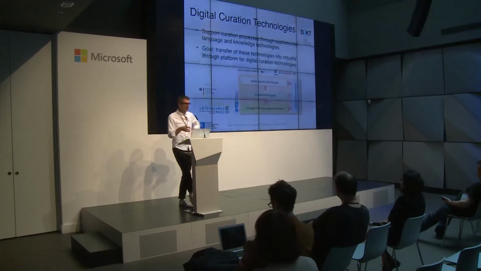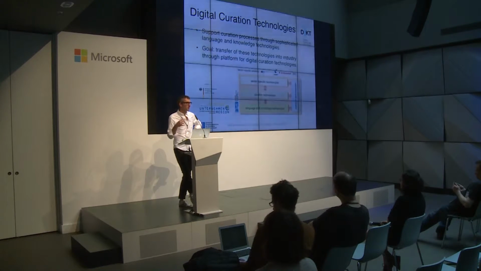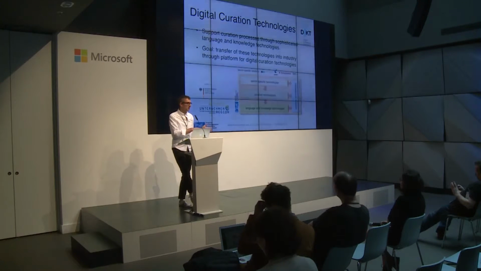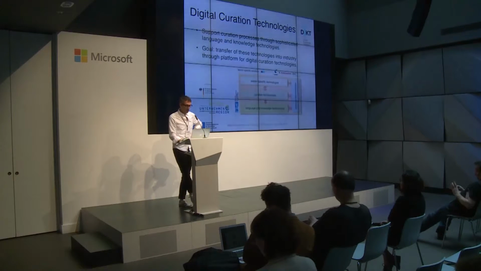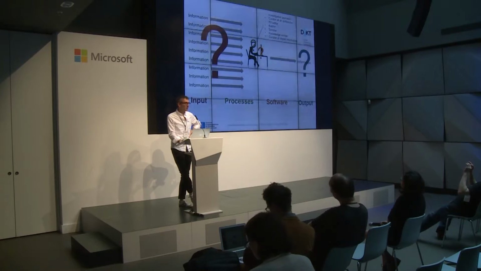And the idea is to make these digital curators or knowledge workers or journalists, authors more productive, more efficient, to give them new ideas through our tech. It's a fairly typical technology transfer project in which our research results are meant to be channeled into industry and into production use.